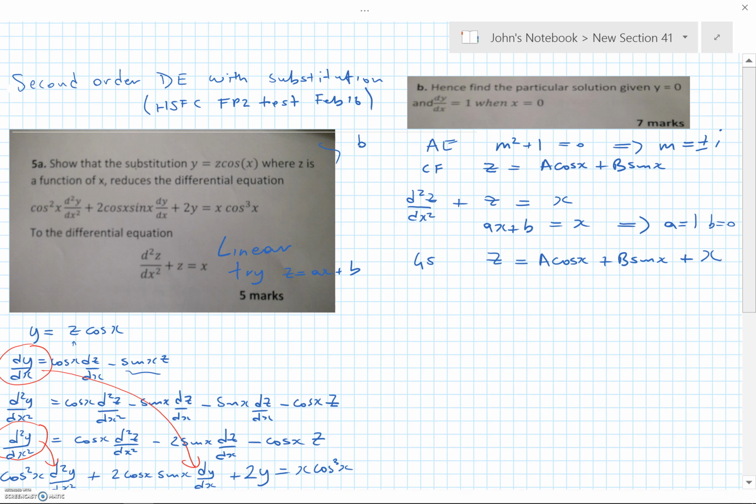Right, so now we can use some of the information. We're told that when x is equal to 0, y equals to 0. Oh, let's write it in terms of y now, actually. So if we sub for z, we've got z is equal to y sec x.